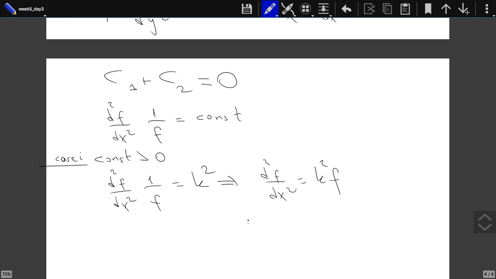And the solutions of this equation will have this form. Now, since this is just k squared, I will assume that k is positive.